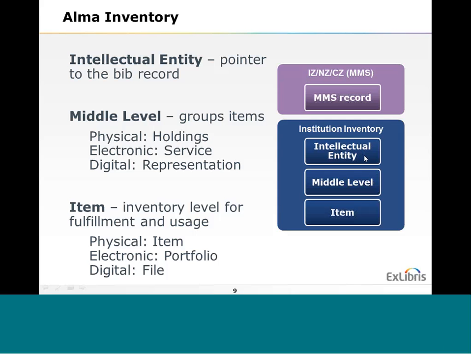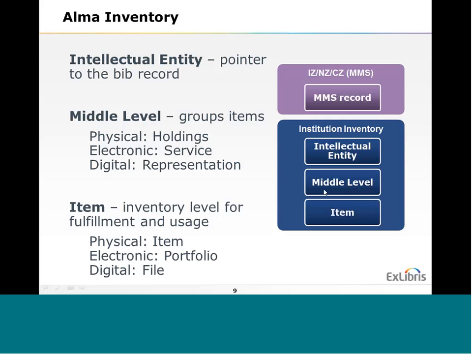The intellectual entity is essentially transparent. You can't see it. What it does is it points or links to the correct bibliographic record, so that that bibliographic record will link then to this middle level, or in other words, the holdings, for example. So it's just a linking mechanism. It's mostly a technical solution that you really won't need to worry about because it is behind the scenes.